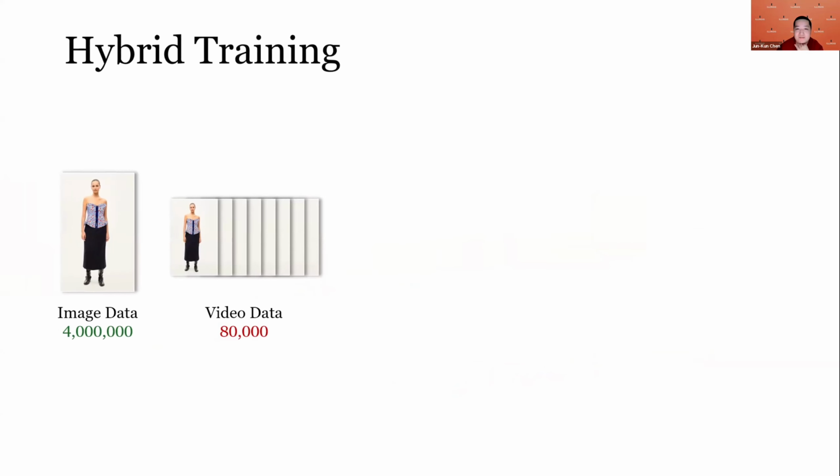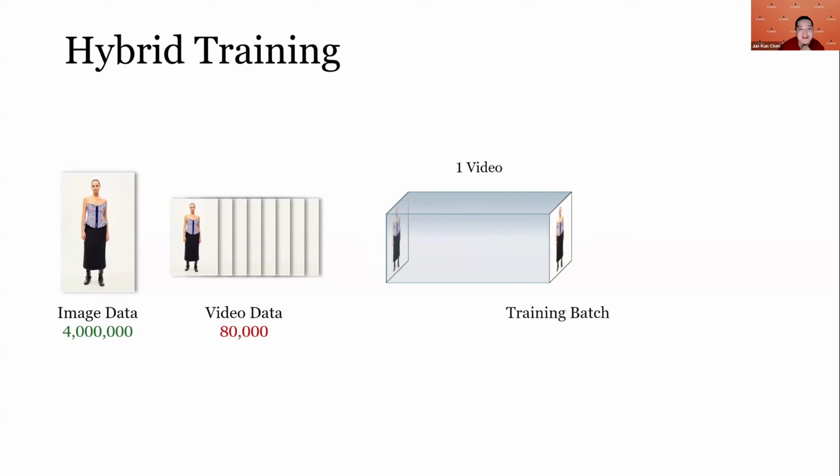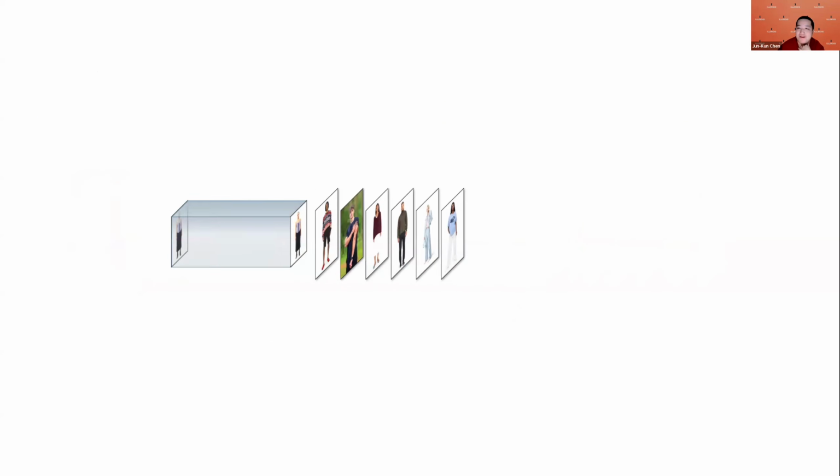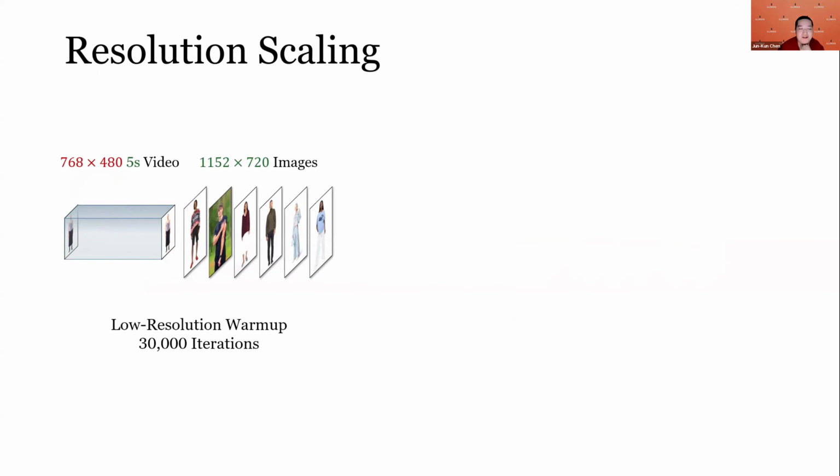We propose a hybrid training strategy to incorporate image data into a video generative model. Each training batch includes one video and several images, like this. The images help the model learn to accurately try on from abundant image data, while the video maintains its capability. This approach is both data and compute efficient.